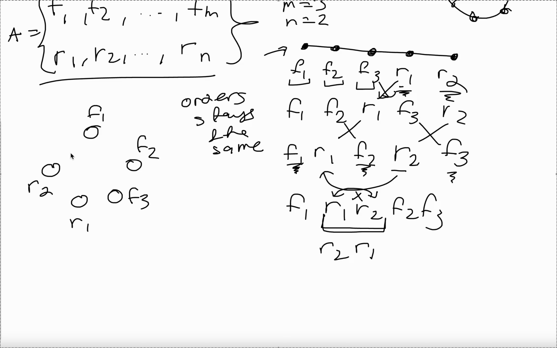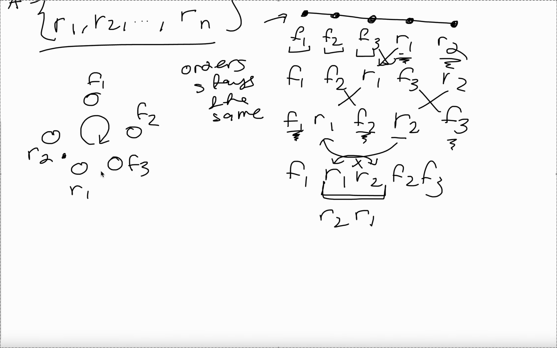And by doing swaps, is it going to be possible to get R2 in front of R1? And the answer is yes, because there is no clearly defined in front of here. Let's say we're counting clockwise. If we start at 1, then 1 is first, but if we start here, then 1 is last. So there's not really a clear order of what's first and what's last.